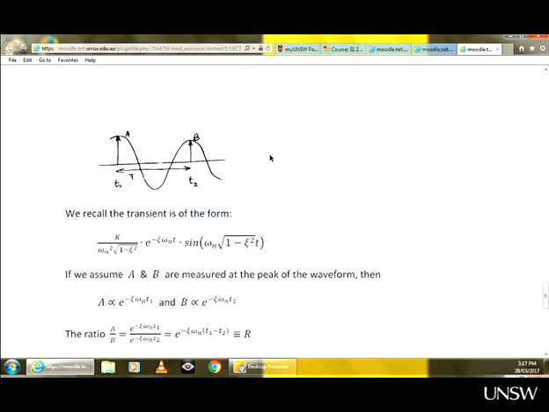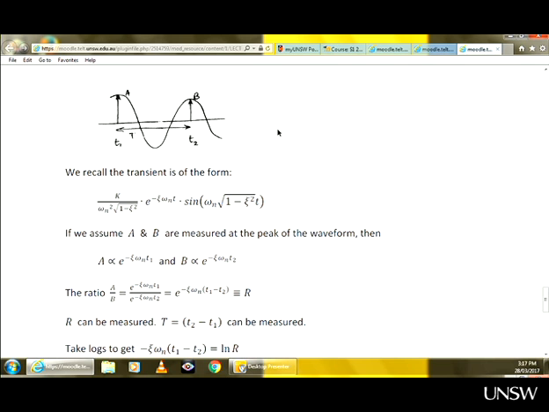So you are able to record only a small part. The minimum requirement is that you record at least 2 peaks, if not more. You can still use this information to find the damping ratio and the natural frequency. Okay, so let's see how it is done.